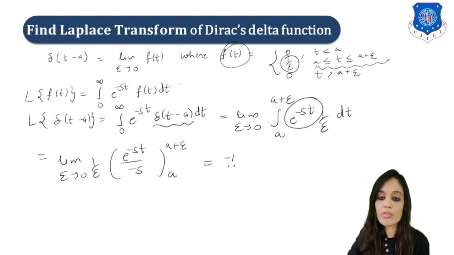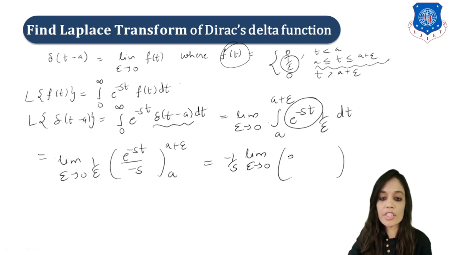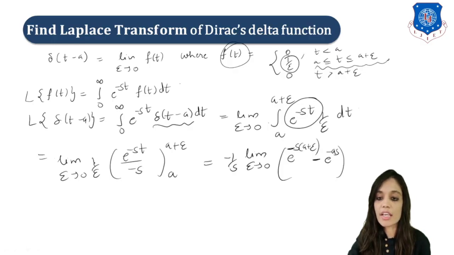Now put minus 1 upon s outside, limit epsilon tends to 0. Just put the limits in place of t. So it will be e raised to minus s times a plus epsilon minus e raised to minus as, upon epsilon. Now we can simplify this. So minus 1 upon s put outside, limit epsilon tends to 0.